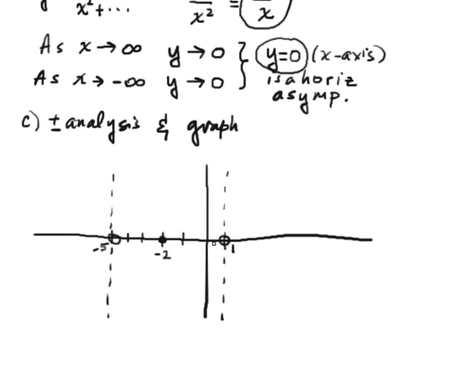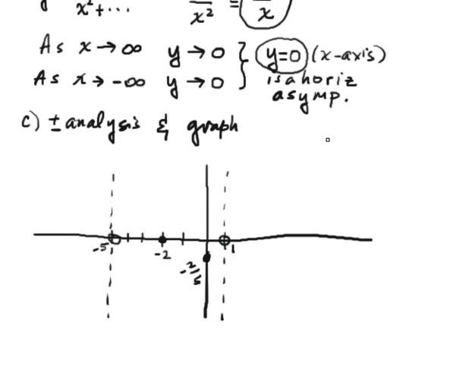Okay, let's just put in the y-intercept, which is about here. That's y equal minus 2/5.